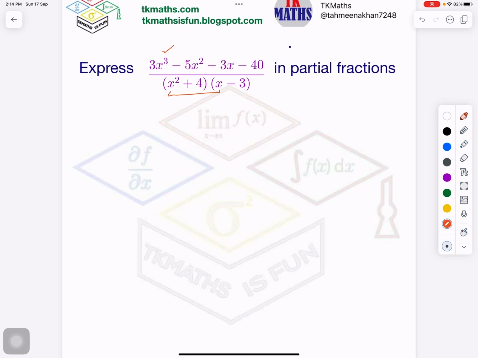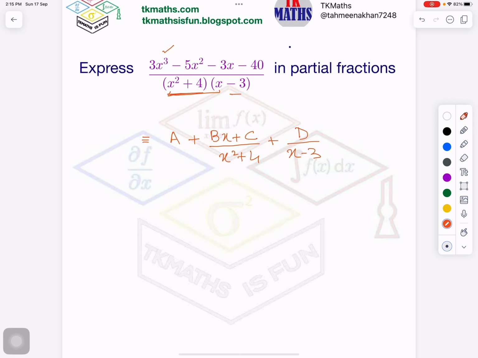For an improper algebraic fraction, the general form is, first of all, a constant, for example a, plus a quadratic part, bx plus c upon x squared plus 4, and the last one, a linear function, will be dealt with like this.